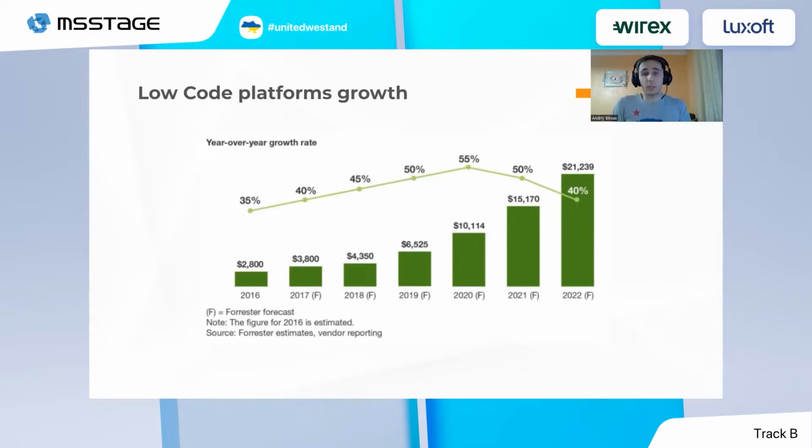A lot of companies are doing that. You can see that low code platforms are growing, and the amount of money companies are spending on low code is also growing. At this point, let's resume our story and go further.